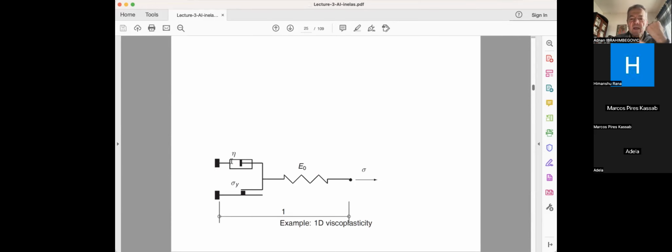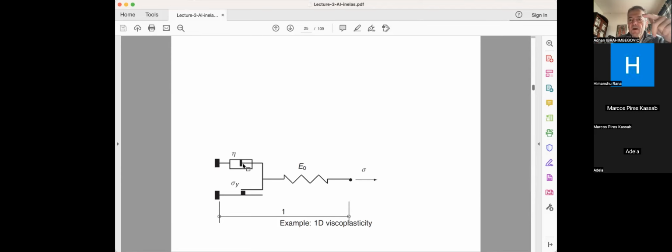So basically, again, the deformation goes as follows. When you just stretch the elastic spring, we call this elastic deformation, and you can do that as long as sigma is less than sigma y. Once sigma reaches the value of sigma y, the slider starts sliding without any resistance anymore, and basically all the stress, called overstress, sigma minus sigma y, is taken by the viscous damper.